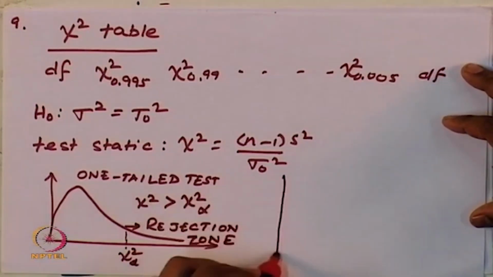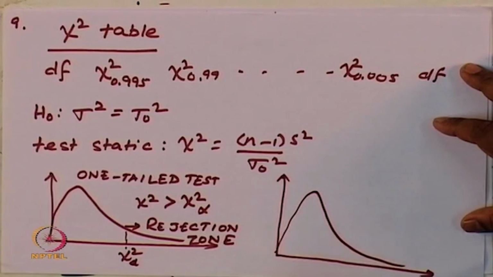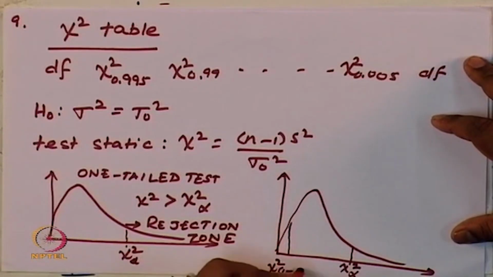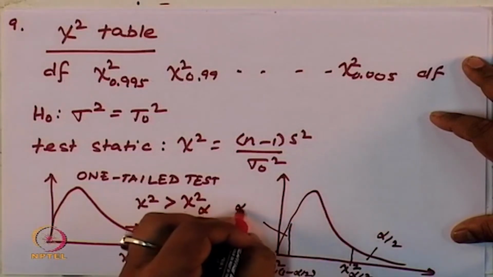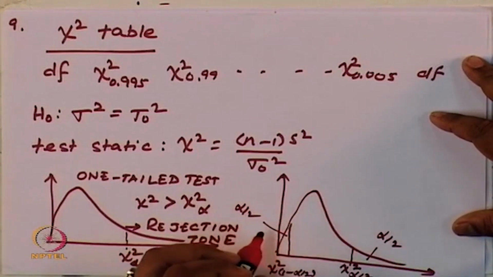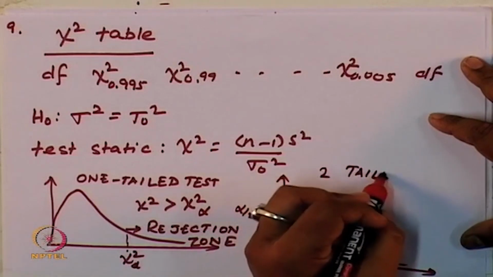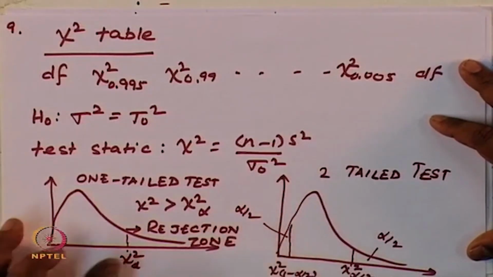For a two tail test, we call it, this area is alpha by 2 and this area is alpha by 2 also. So, for a two tail chi square test, I have these two zones which fall within the rejection zone. Okay. Let us take an example.